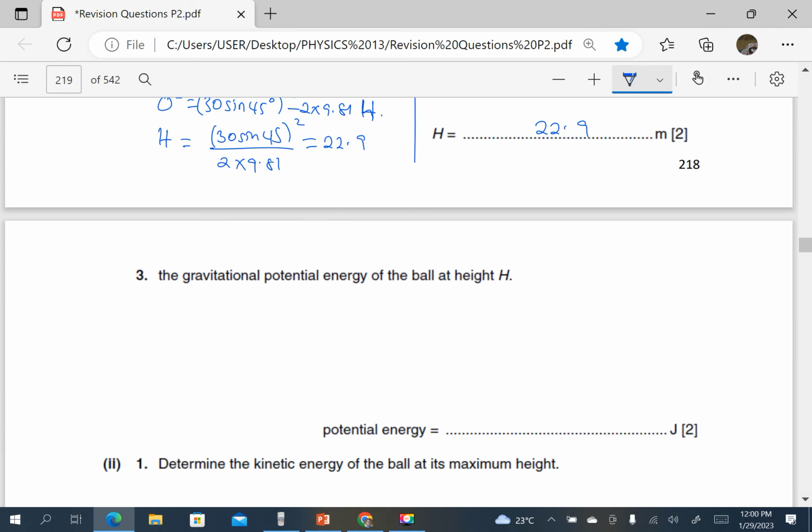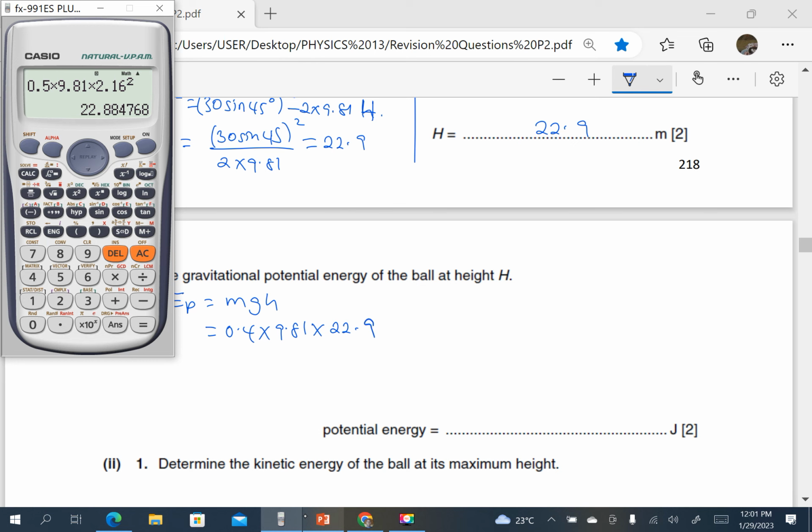Then the gravitational potential energy of the ball at height h. Gravitational potential energy is going to be mgh. The mass was 0.4, times g, 9.81, times h. We have seen h is 22.9.